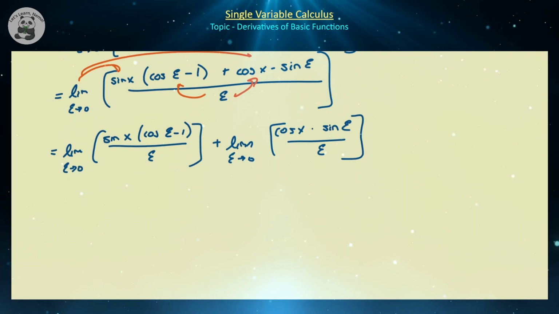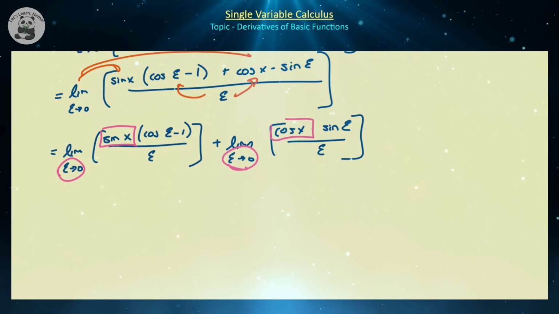Notice that these limits are with respect to epsilon. Therefore, everything that only has x in it and does not have an epsilon is just a constant as far as my limits are concerned.